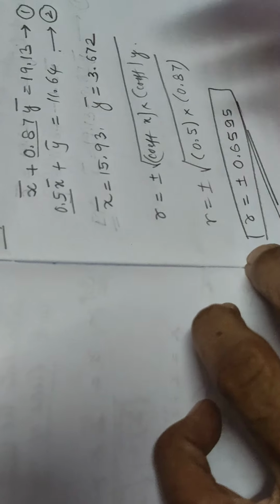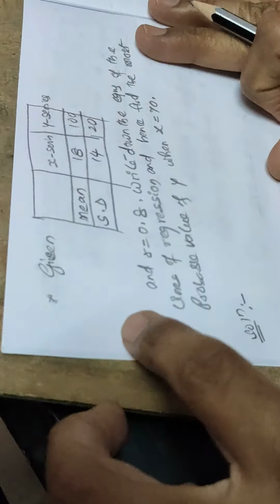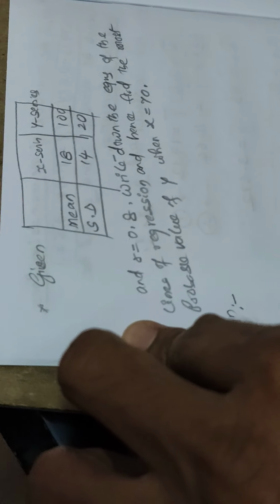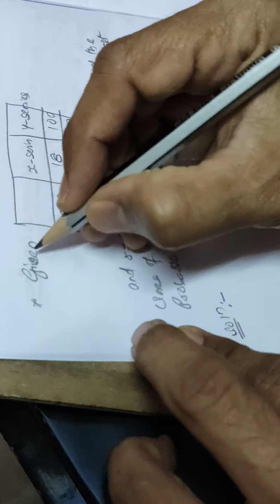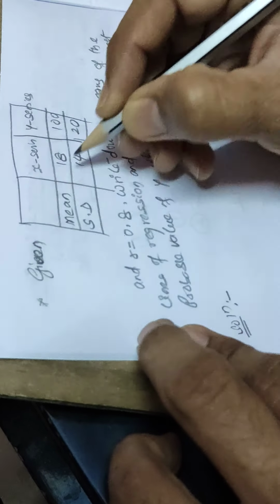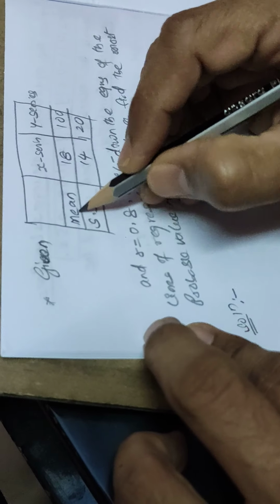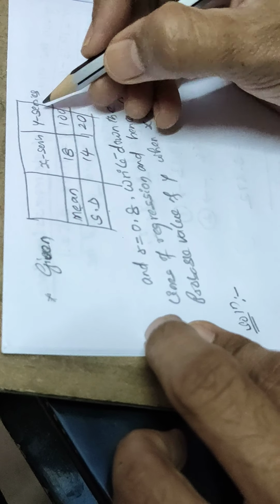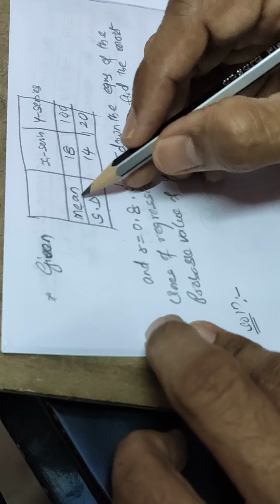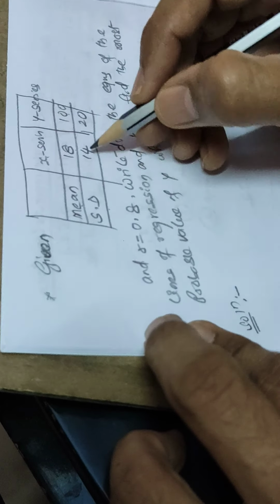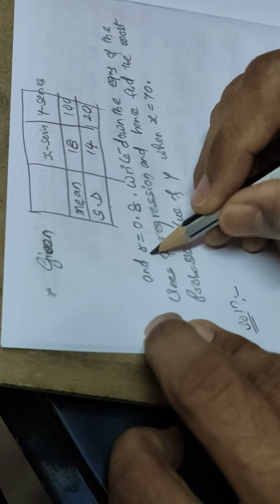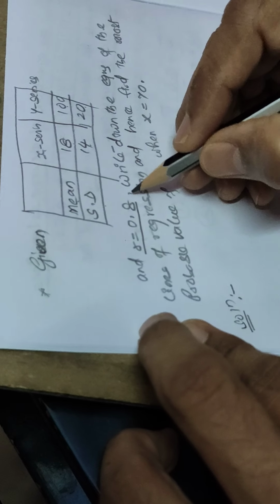So we'll go for the next example, one more example of the same form. Let me read the question. Given that the mean and SD are given, the x series is 18 and the y series is 100. In respect of the x series the SD is 14, and the y series is 20, and the coefficient of correlation r is also given.